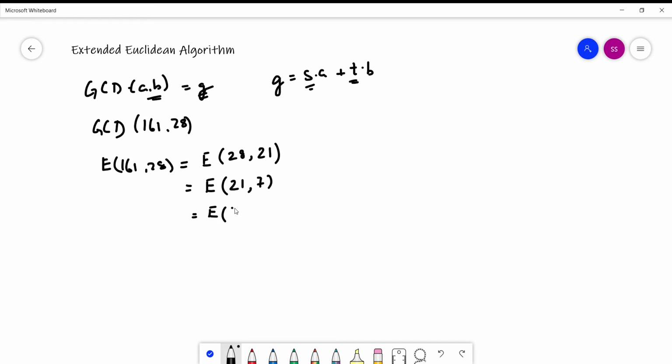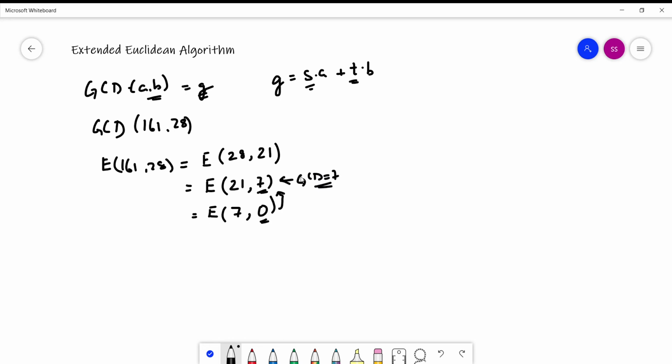If we divide 21 by 7, we get 0 as the remainder. As I told you in the last video, whenever we get a remainder of 0, we go back to the previous step, and the remainder in the previous step is the GCD. So the GCD is 7. This we saw in the previous video.